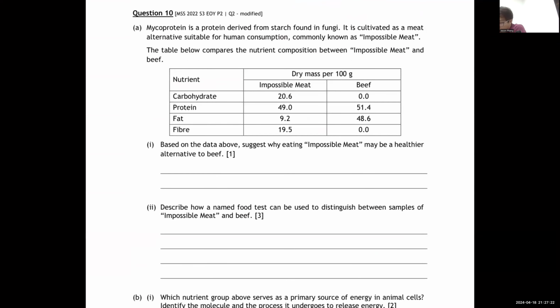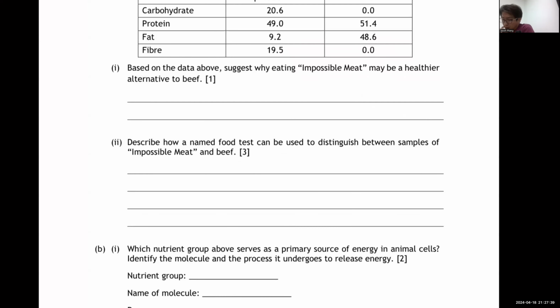For the rest of the questions, we definitely don't have time to look at them, but allow me to walk you through them a little bit here. Like I said, I stress a lot on understanding the language of the question. When we look at part 2, for example, describe how a named food test.